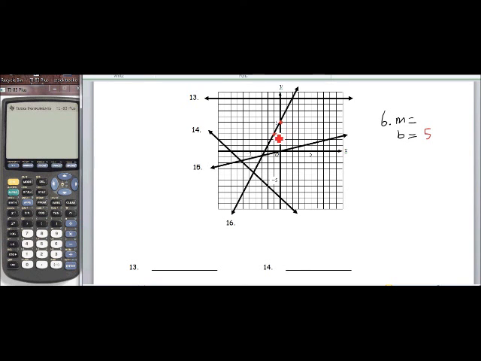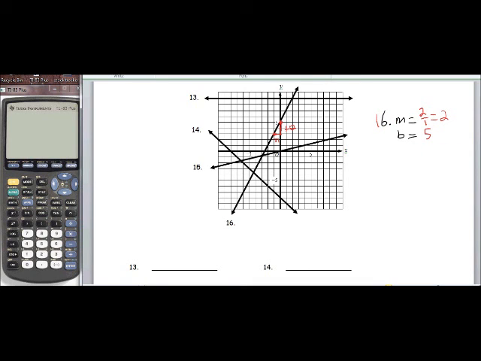So to go from here, I need to go up 2, and I'm going right 1. So my slope is 2 over 1, which is 2. So when I write, my 1 disappeared on 16.